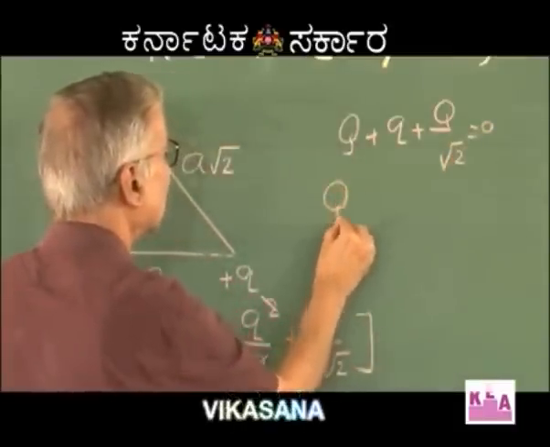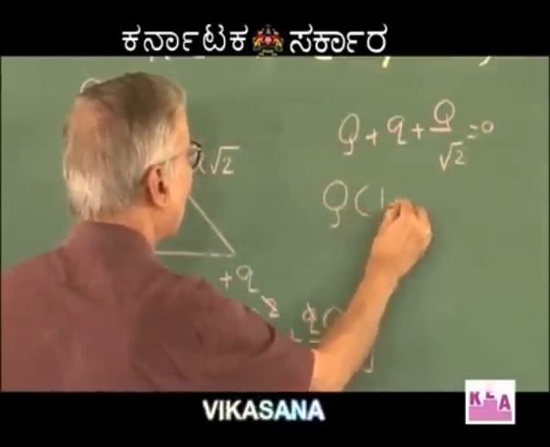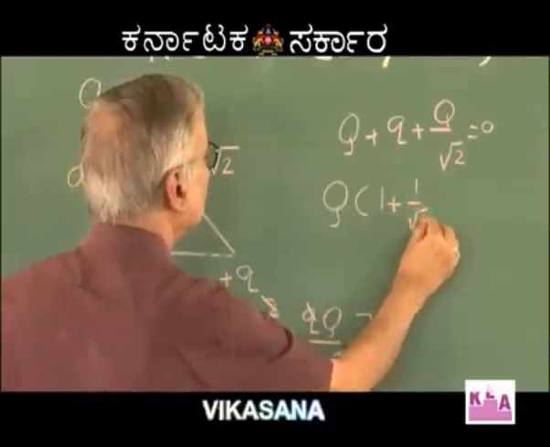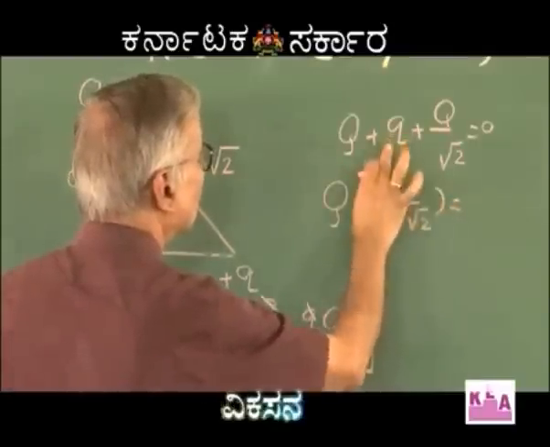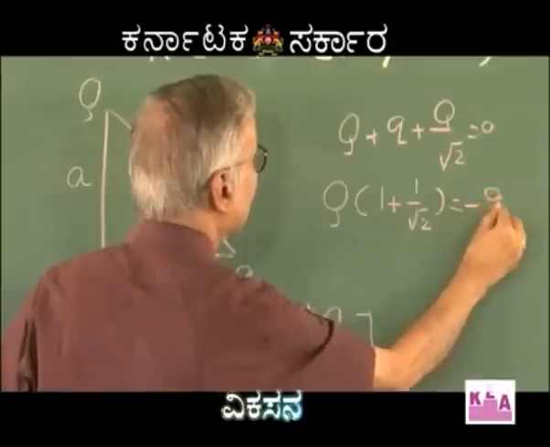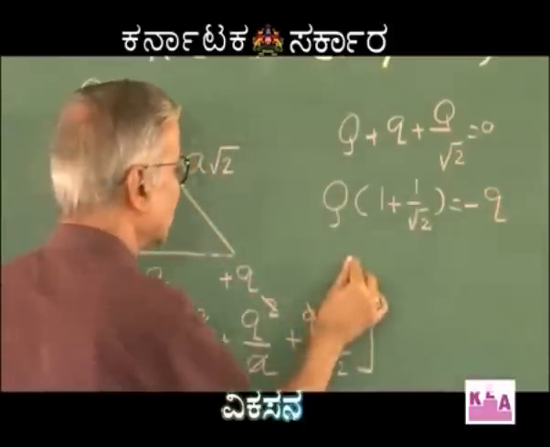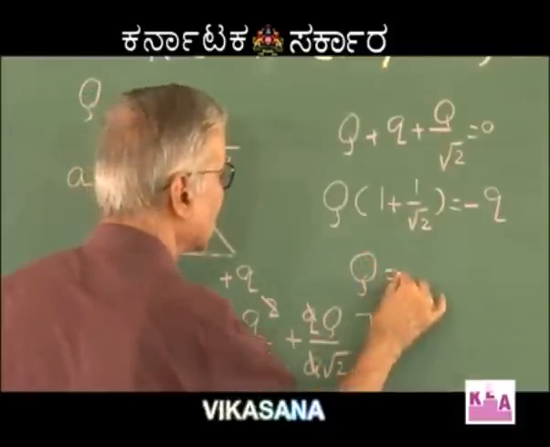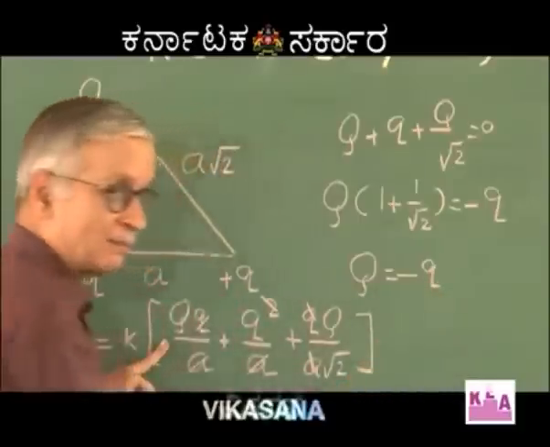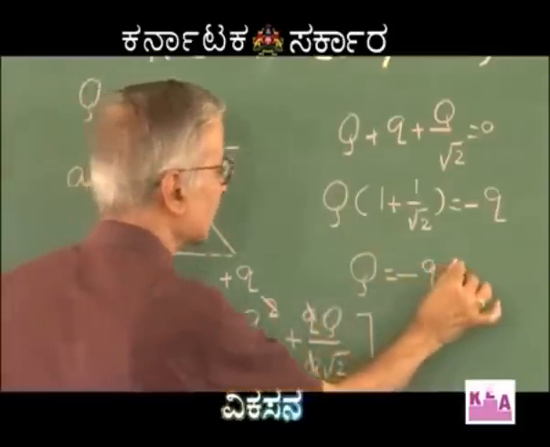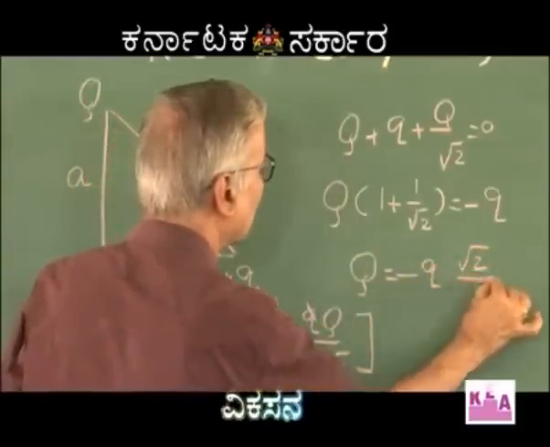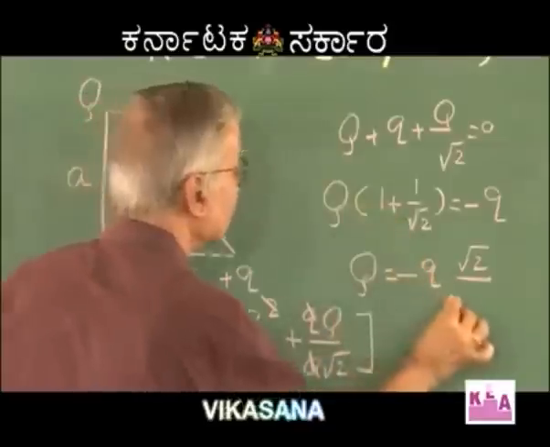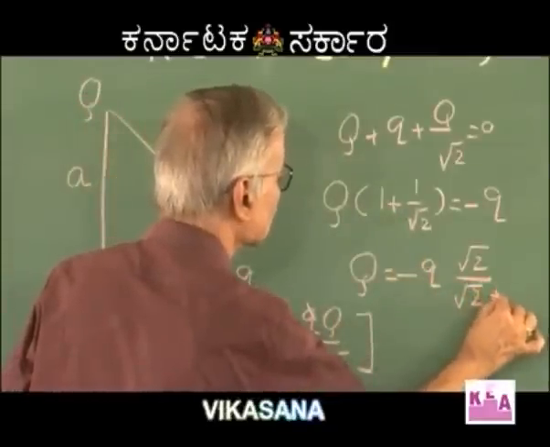If I now take capital Q common, Q into (1 plus 1 divided by root 2) is equal to, if I take q on that side, minus q. Therefore, if I make Q the subject of the formula, it is minus q multiplied by root 2, taking the LCM, divided by root 2 plus 1.